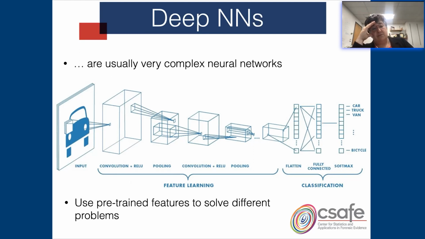One way to get around the parameter requirements or the training requirements is to use pre-trained features. You can see that the deep neural network has a feature learning side and then the classification side. Generally, we call the classification side on the right the head of the neural network.